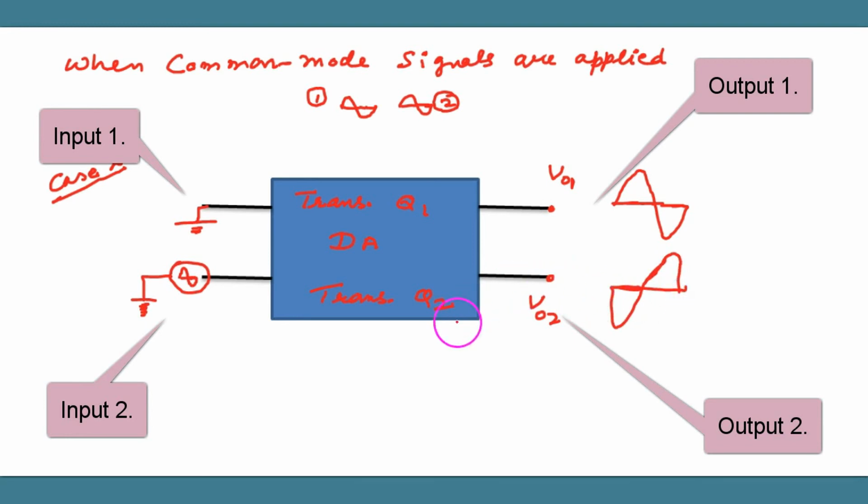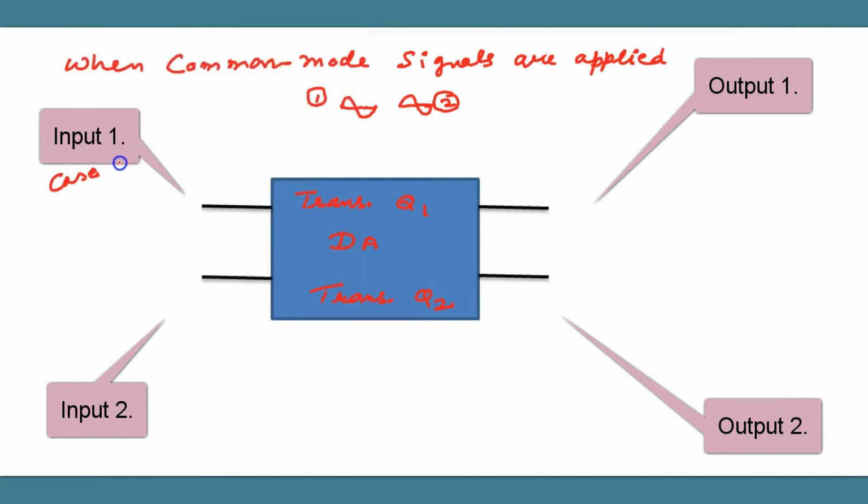Okay, Vout2 is opposite in phase to V input number 2, and Vout1 is in phase with V input number 2.